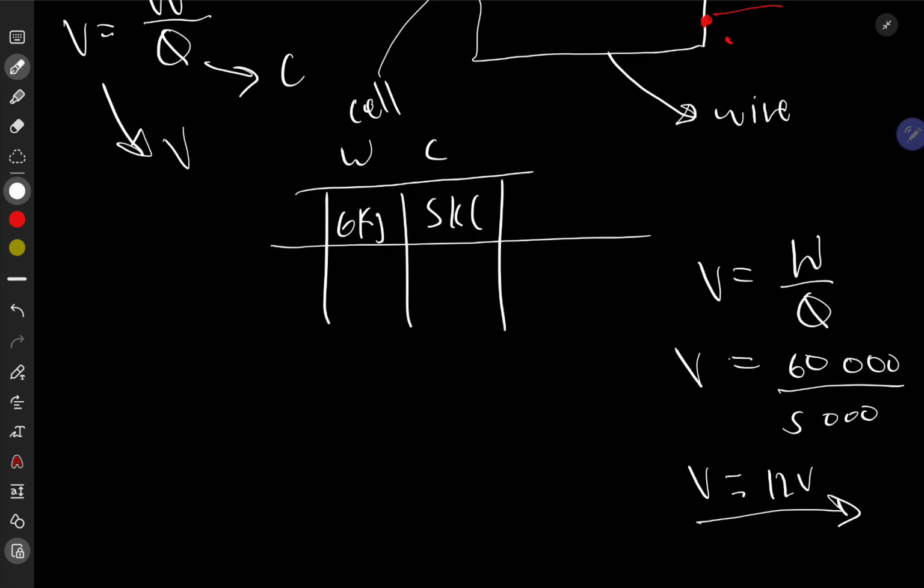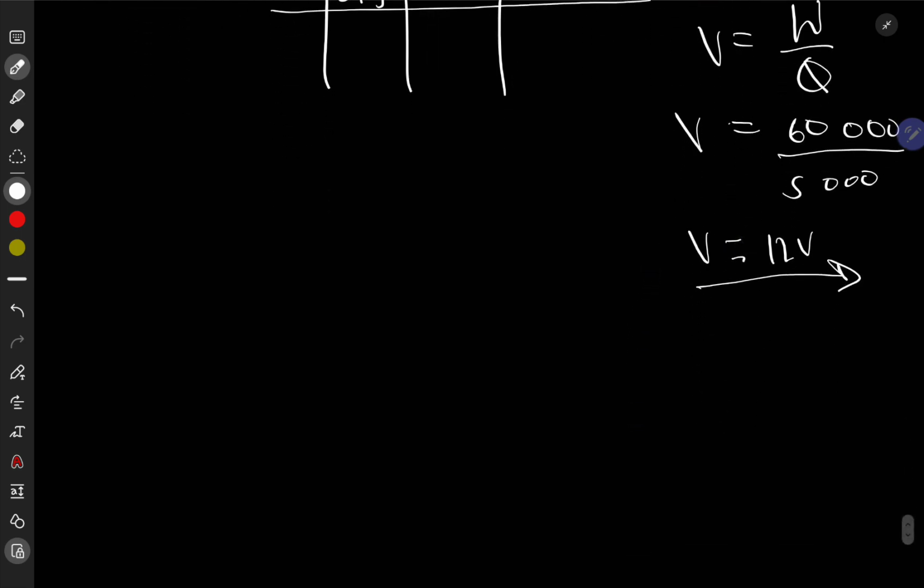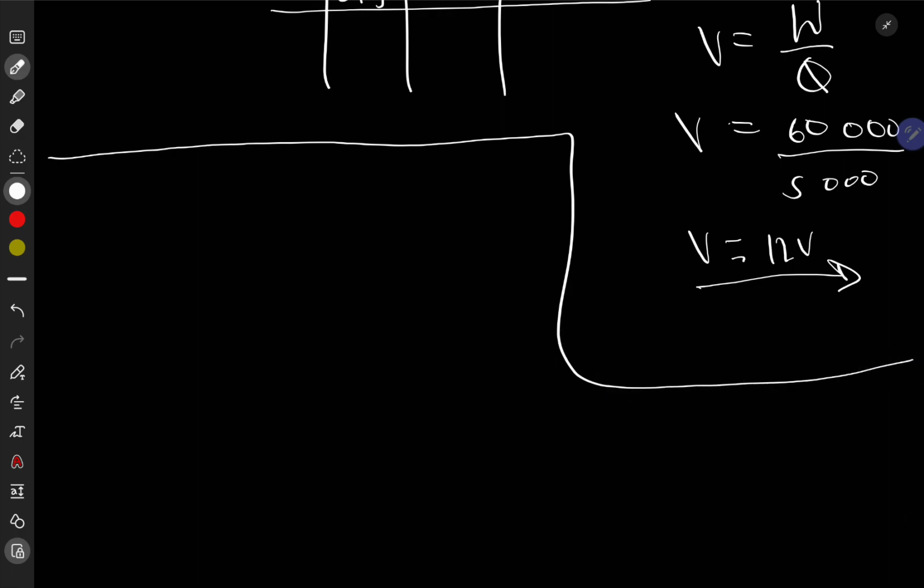Then after all these terms that we have seen here, we are going to end up with something that we like as physicists, called Ohm's law.